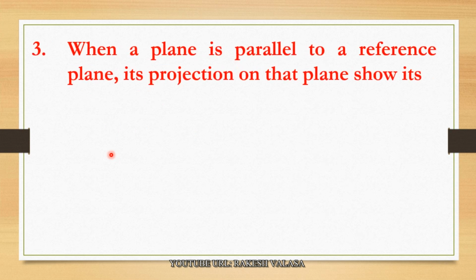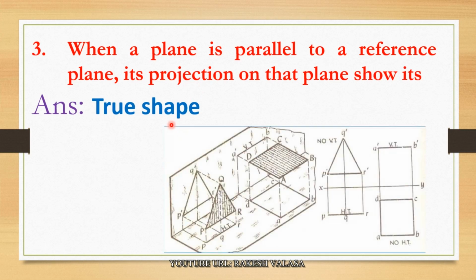Question number 3. When a plane is parallel to a reference plane, its projection on that plane shows its? The answer is true shape. You can see this image. Here I have taken one triangular plane PQR. This is parallel to the vertical plane, so its true projection falls on the vertical plane.